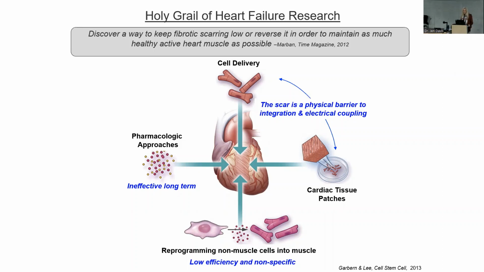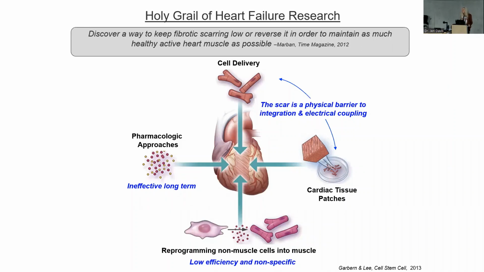Two other approaches that I think UW is really good at and has paved the way in are more regenerative medicine approaches revolving around cell therapeutics: either delivering de novo cardiac muscle to the myocardium or implanting cardiac tissue patches.